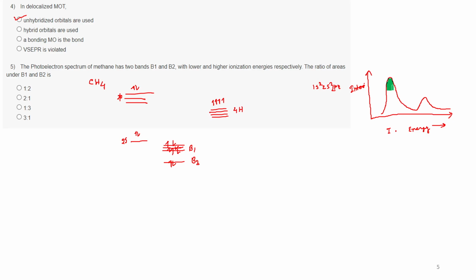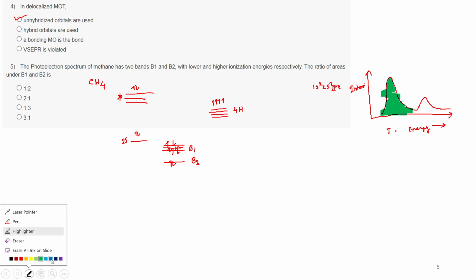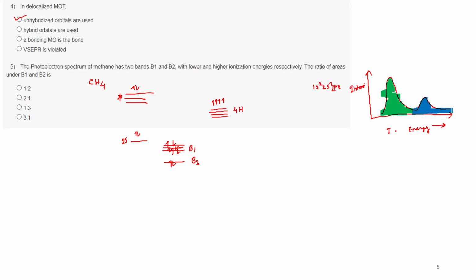Suppose for B1, the area under the curve depends on the height or the intensity, right? Suppose this part is blue.